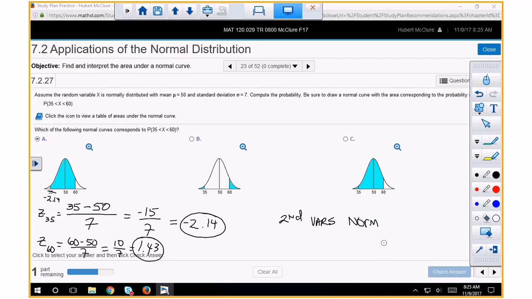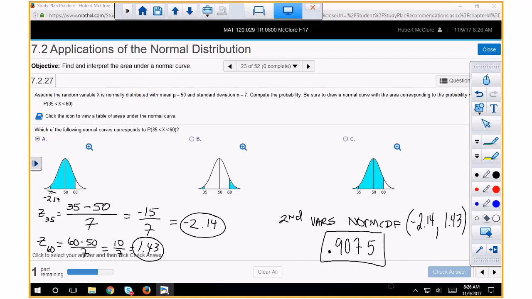Normal CDF, and then you read from left to right, so that's going to be negative 2.14, comma, 1.43. And when you get through punching it in your calculators, what do you get? Give me 4 digits because it's an area. 0.9075.